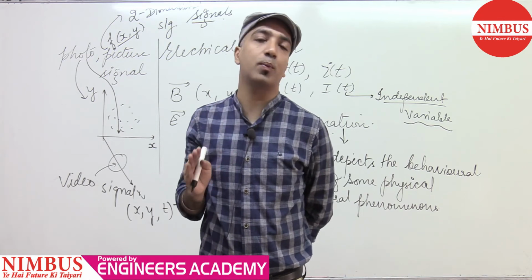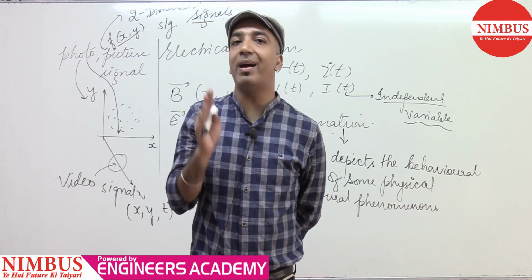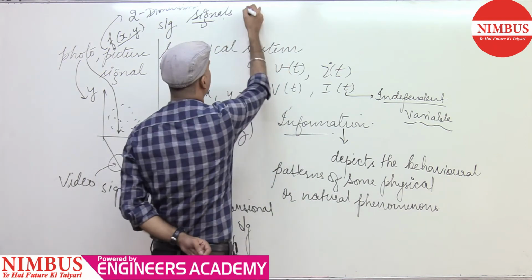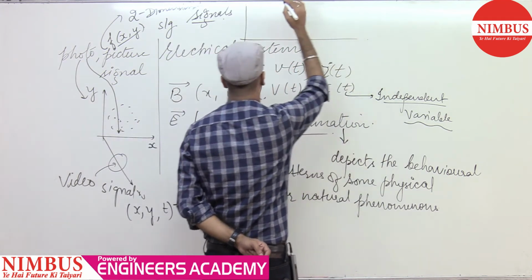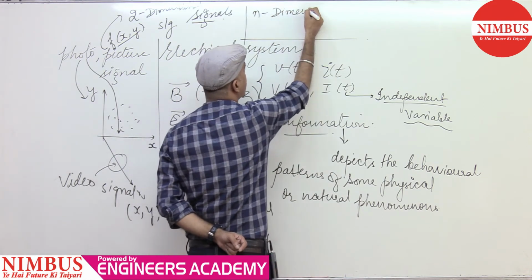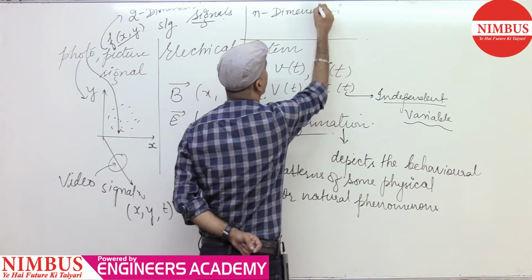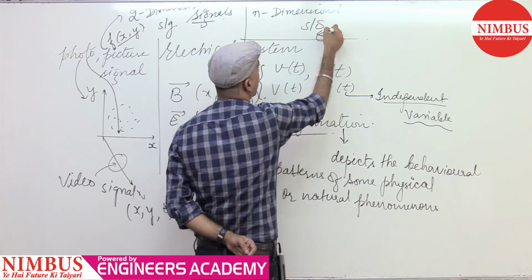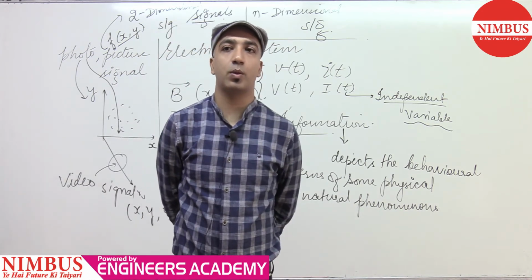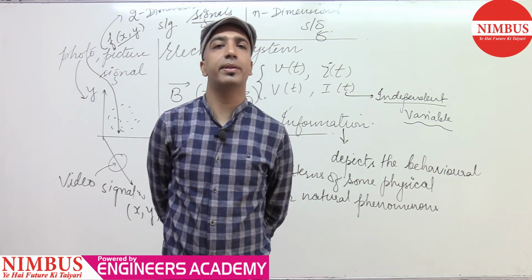There could be 4 also, there could be 5 also. So in summary, I should write it in this manner, that there could be n dimensions for a signal to represent any piece of information. So there could be an n-dimensional signal also.